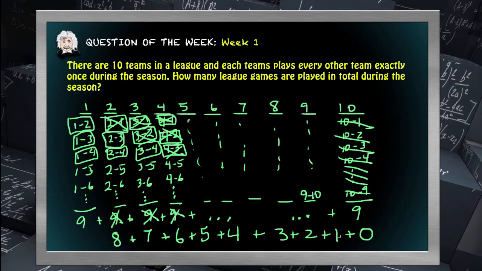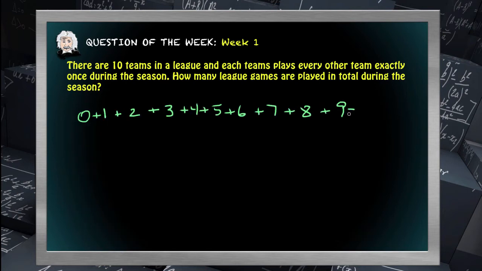We have a summation of consecutive integers 1 to 9. If you add it all up, it turns out to be 45. And an easy way to add this up, rather than putting them all in a column and adding them together, is realize this is the sum of consecutive integers 1 to 9.